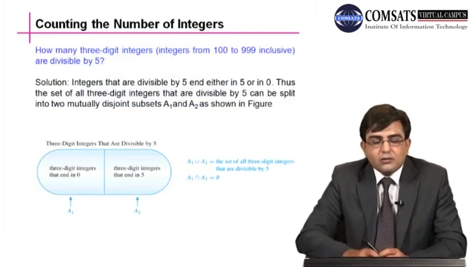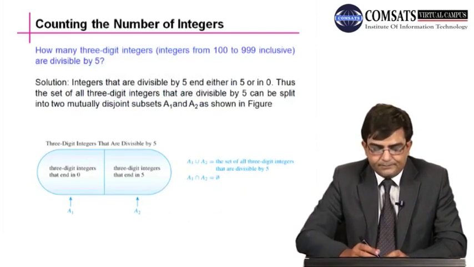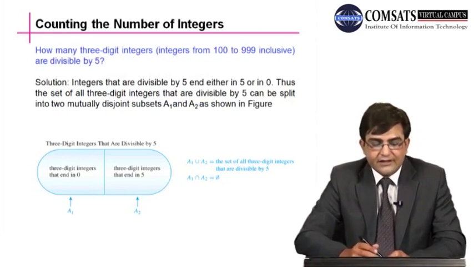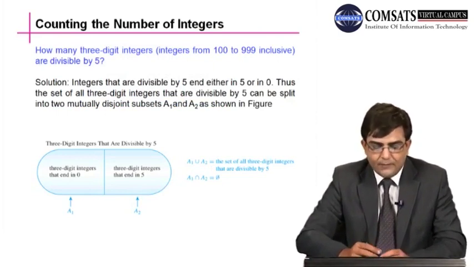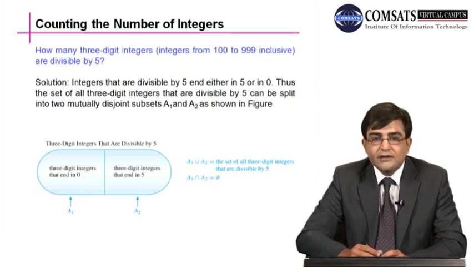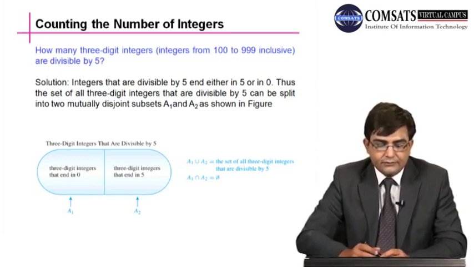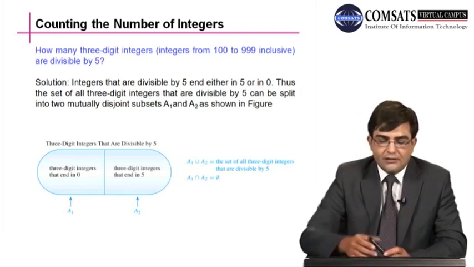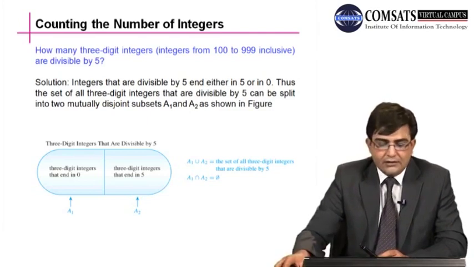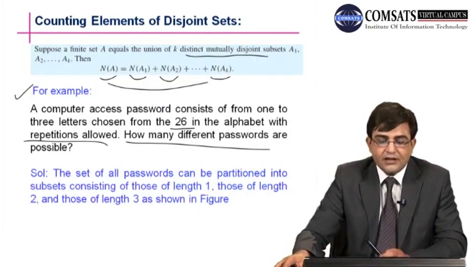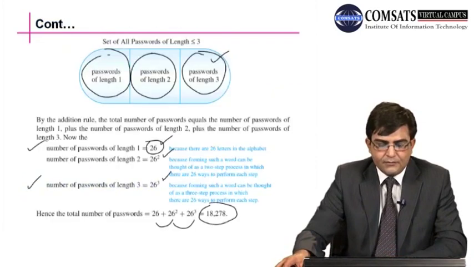So next, counting the number of integers. We have already discussed this example, but here we again calculate. I shall give you the solution of this example by using this definition, counting elements of disjoint sets.